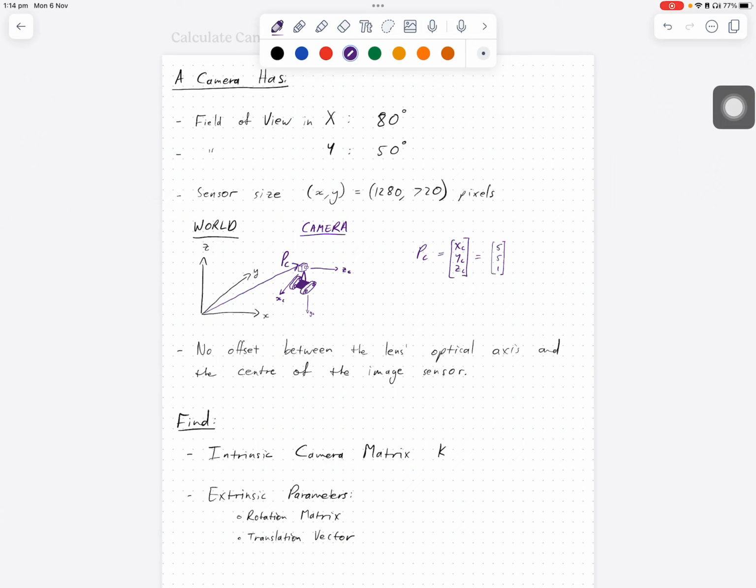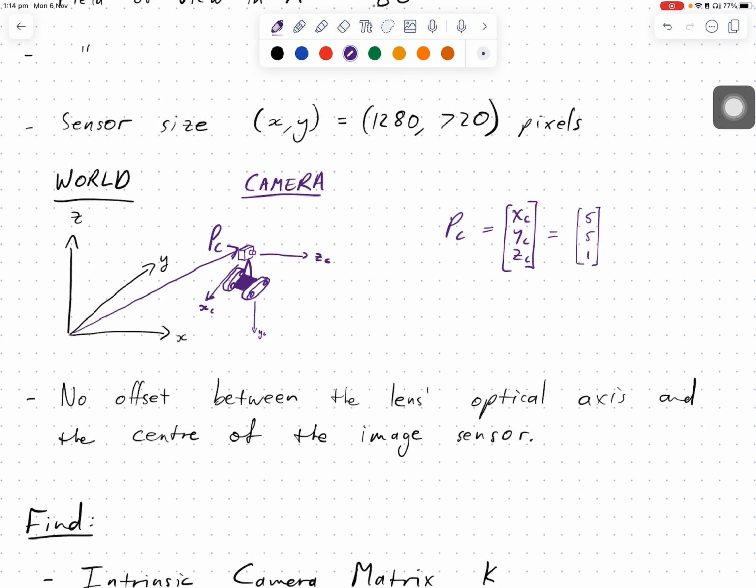Then we've got a diagram of where the camera sits relative to the world frame. We can see that the camera is offset from the world's origin point a little bit. We've got a handy translation vector that tells us how to get to the camera from the world origin. So we'll be using that later for sure.